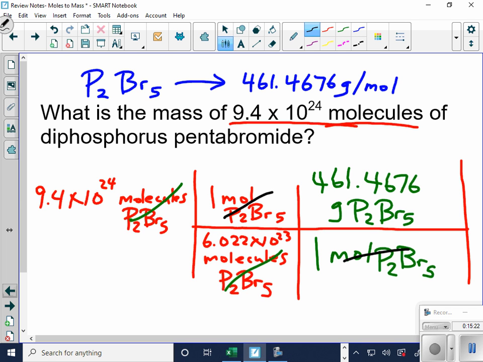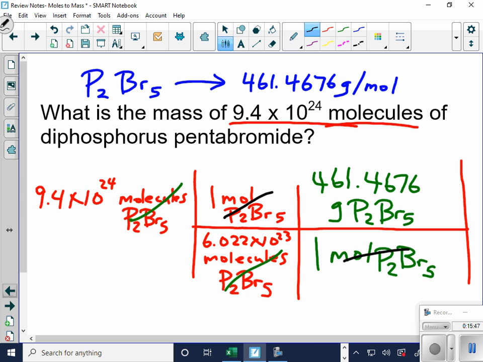So now I have to do my math. And once again, this might be where it gets a little bit tricky math-wise, because I'm going to multiply everything on the top first of all. So I'm going to take 9.4 times 10 to the 24th. Do I need to multiply it by 1?